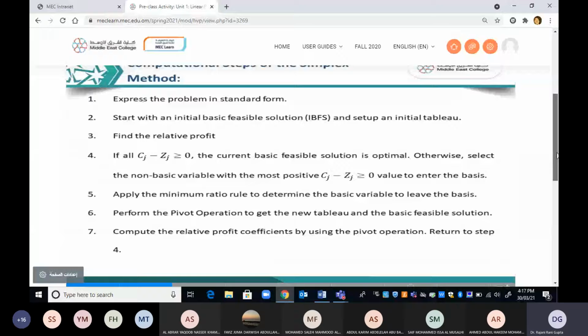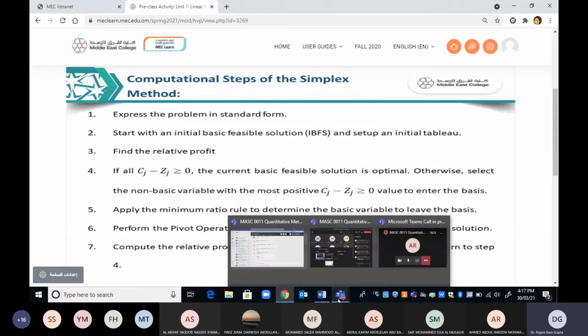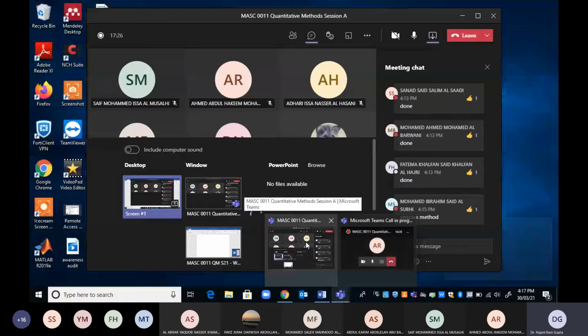So computation is, first of all, you have to convert it into standard form. Anyone quickly recall what are the three things that show that the respective LPP is in standard form or not? If you remember what we have to do to make an LPP into standard form?